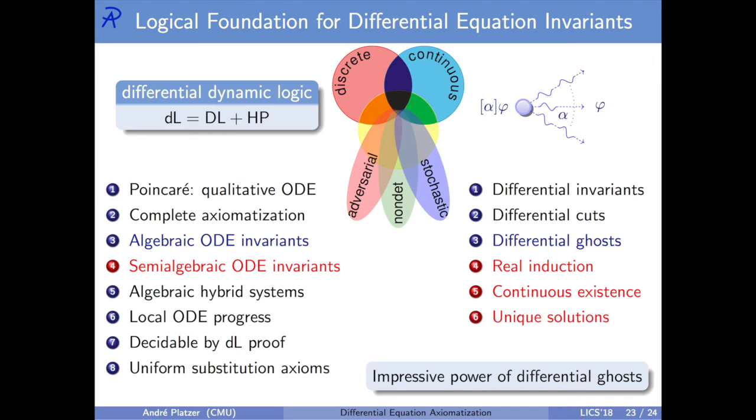But for semi-algebraic invariance, we need a little bit more. We need logical internalizations of existence and uniqueness principles and the real induction principle, which basically, well, I'm going to get to that in a second.